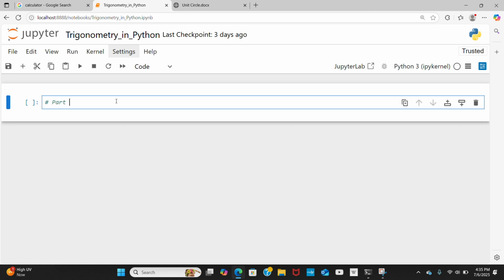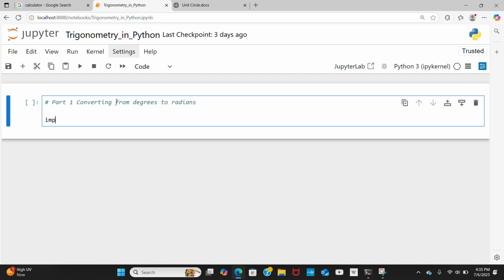Part 1. Converting from degrees to radians. Now the first thing I'm going to do is import my math module. Now a module is something in Python. It's a file in Python that stores other mathematical functions needed for it to work.